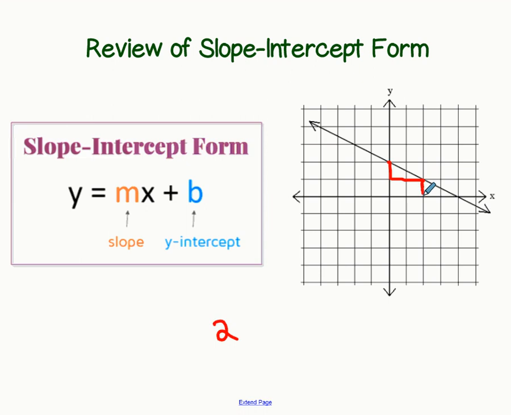Again, falling 1, running 1, 2, making my slope -1 over 2, which then I'm going to write x. My 2 is positive, so I'm going to put a positive sign here, and then y equals. So my formula for this line is y equals -1/2 x plus 2.